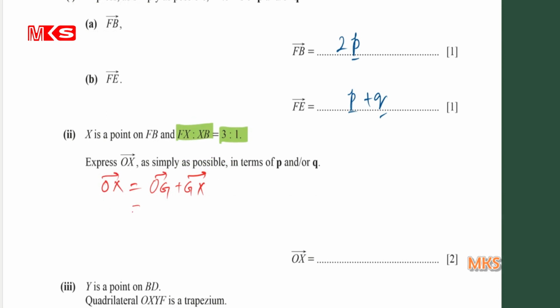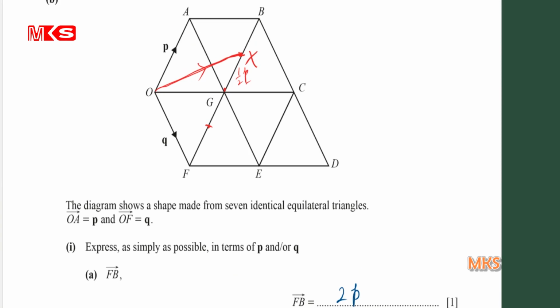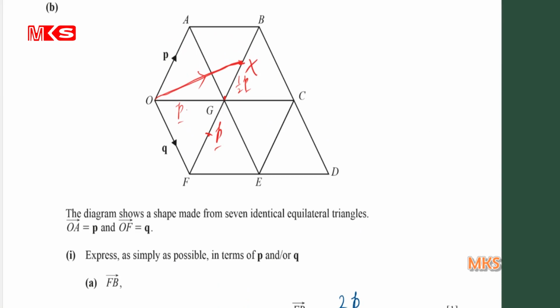OG, we can see here, FG is P, as well as OF plus FG, or FE, we have got P plus Q. We have already discussed this in the first part.